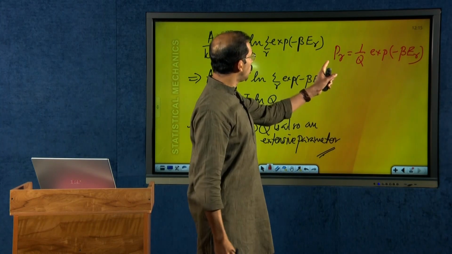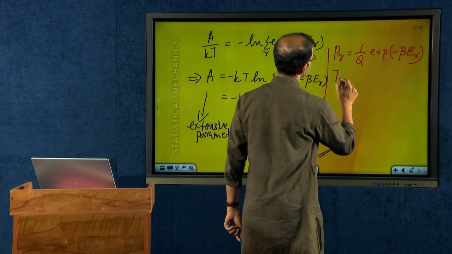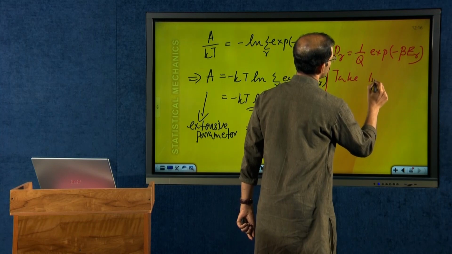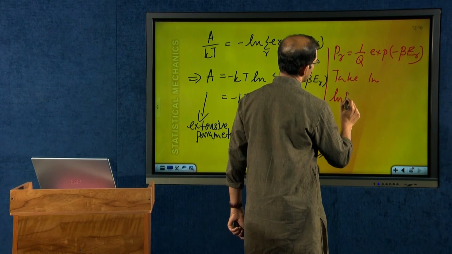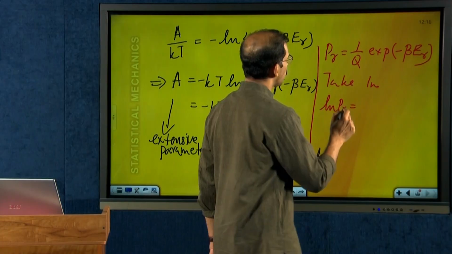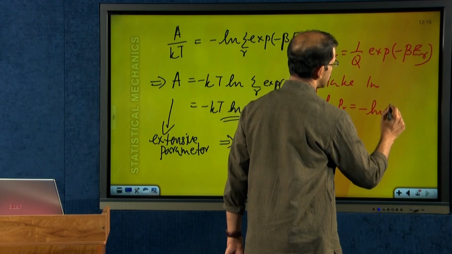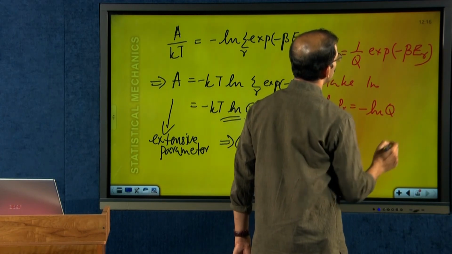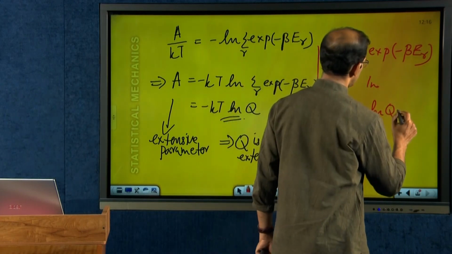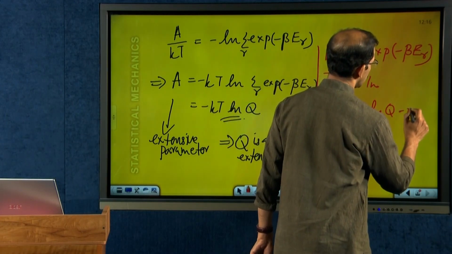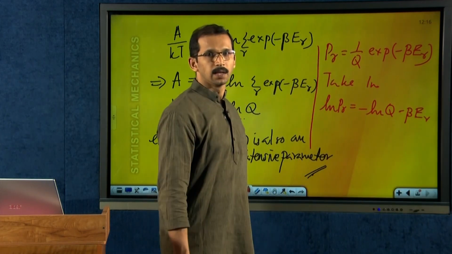So, take logarithms on both sides. Then I can write ln P_r is equal to ln of 1 by Q, which I can write as minus ln Q, minus ln of exponential minus beta E_r, and the exponential will cancel out, and therefore I can write it as minus beta E_r, right.